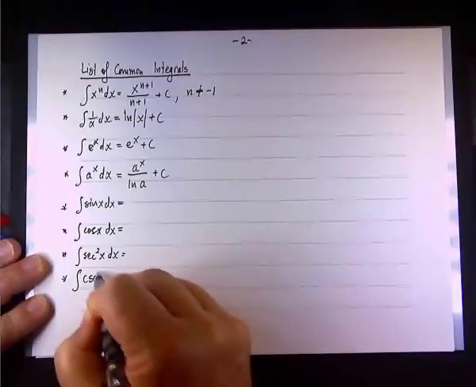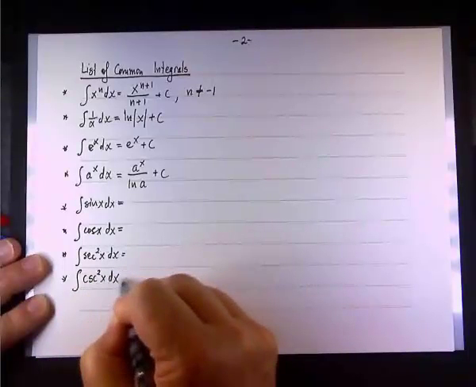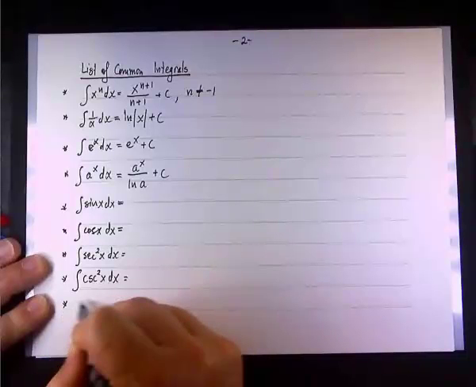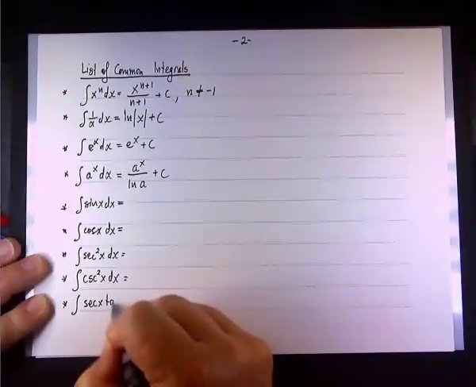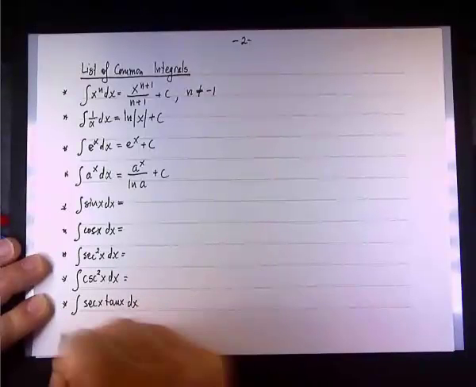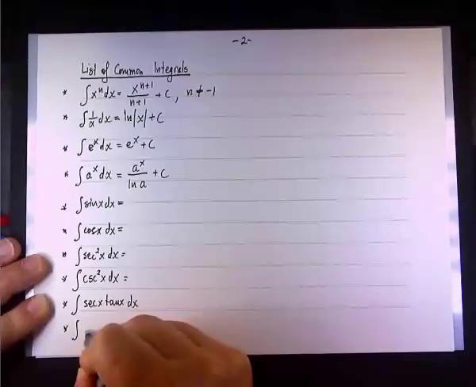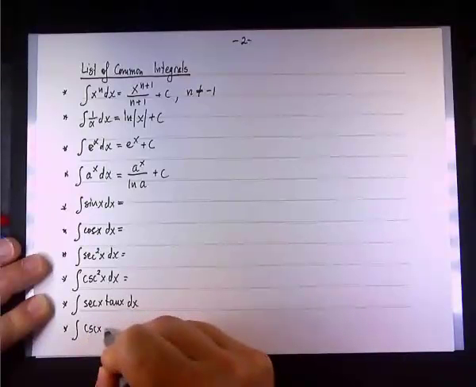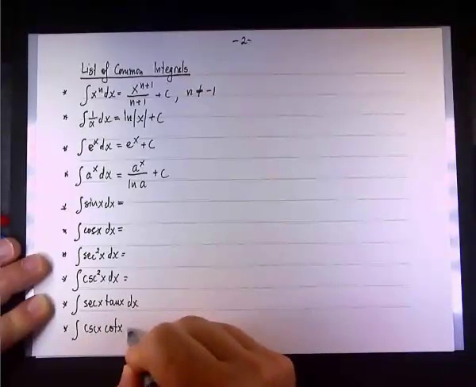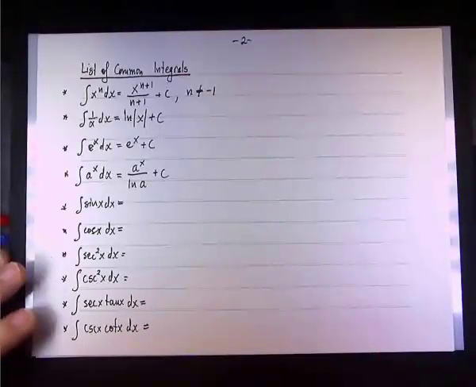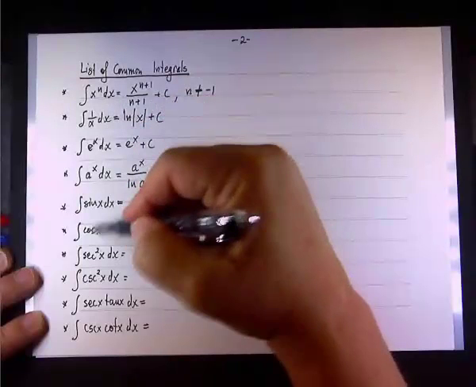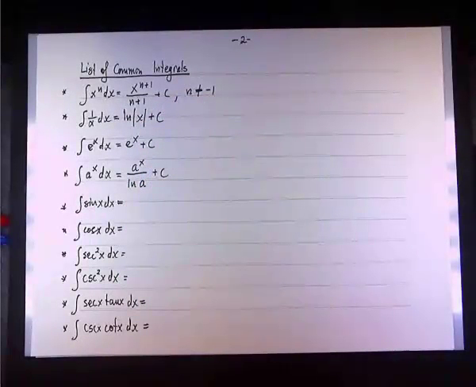And see if you can figure this out. Continue with the secant squared and cosecant squared. And wrap things up with the integral of the secant times the tangent and the integral of the cosecant times the cotangent.